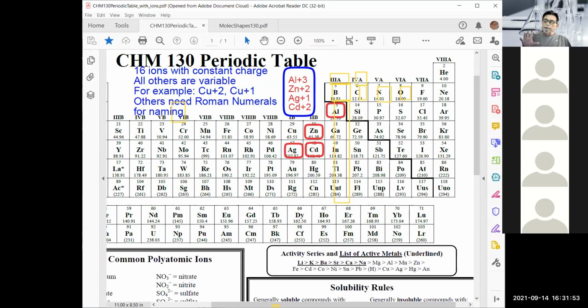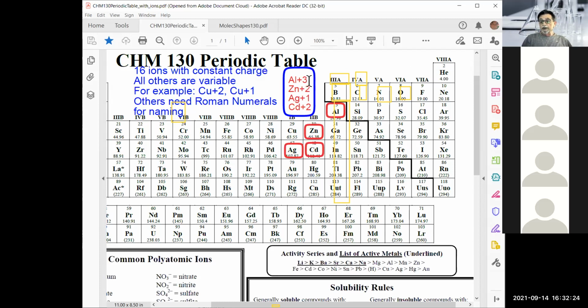And for some reason, these elements, when they lose and gain electrons, their drive is to get 8 on the outermost shell. Okay? And that octet rule is what we call it. That is a driving force for a lot of chemical reactions, that one person is going to lose electrons and have 8 electrons around it, and somebody else is going to pick up an electron to have 8 around it.